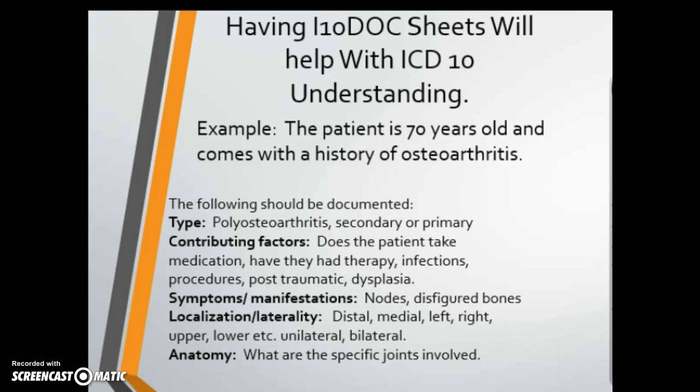Here's an example. First off, there are approximately 21 clinical concepts in the ICD-10. What that means is that there's 21 types of information that are needed in the documentation. That might not sound like a lot to you, but it could be.